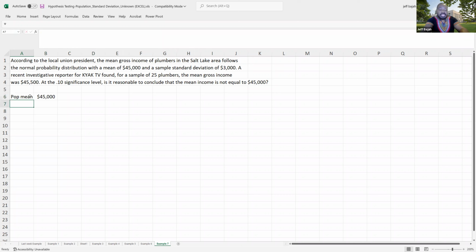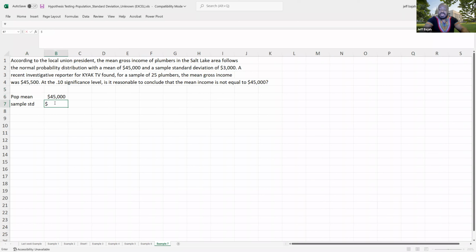We're told that the sample standard deviation, I'm just going to make this 3,000. We're told that the sample size is 25 plumbers, and we're told that the gross income was what? So that's our sample mean, which is 45,500, right?